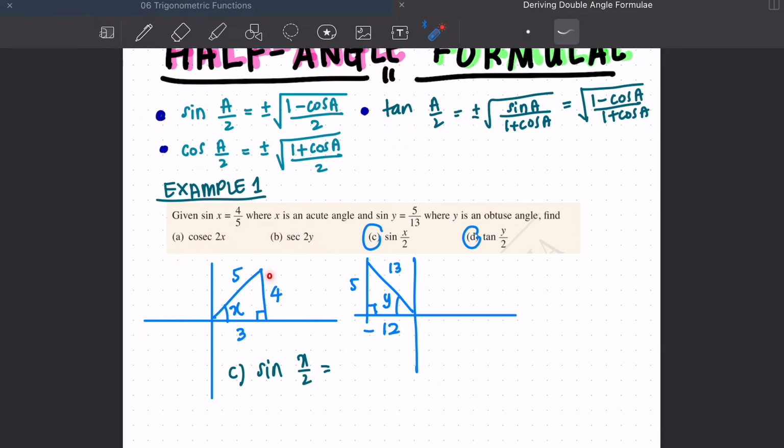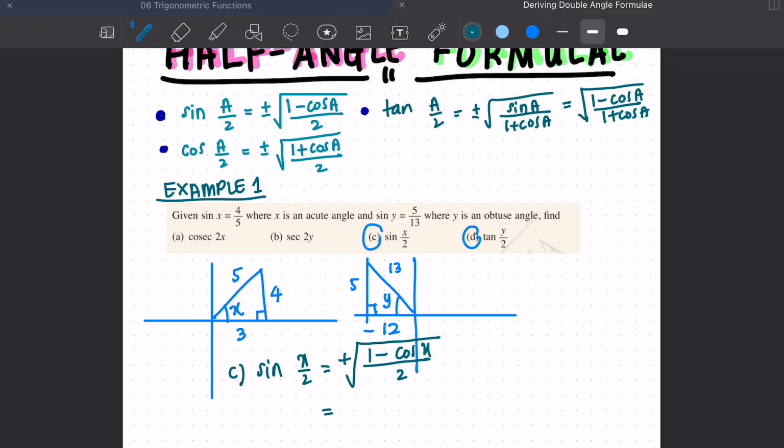If we halve the angle, it will still be in the first quadrant, so it will be positive. Square root of (1 minus cos x) divided by 2.